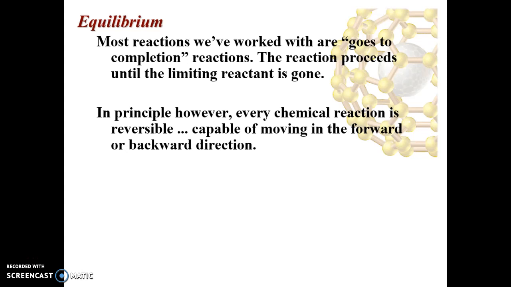Basically, what that means is once you have some products formed, they could start colliding and create the reactants that you started with. So you have the reaction going in both ways. And so you see we represent a reversible reaction using a double-headed arrow. And so you could take hydrogen and oxygen, create water, or you could take water, separate it into hydrogen and oxygen gas.